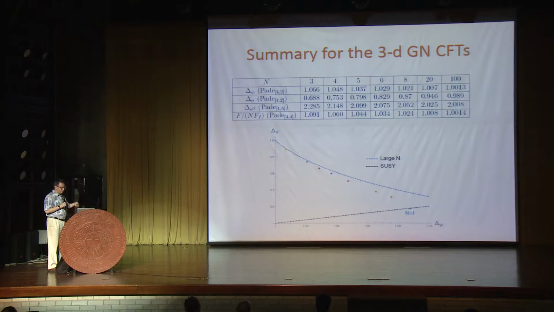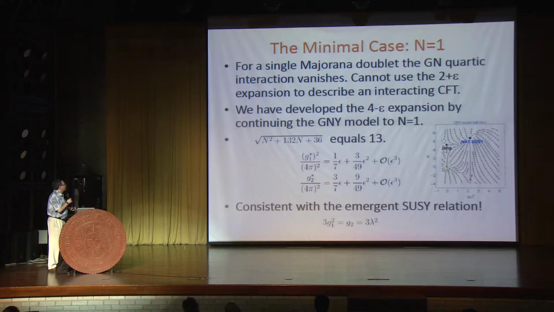And again, there was a long history in the 90s of developing these computations. And so now I'll talk about the special point n equal 1, which is sort of the most minimal case, but it may be in some ways the most interesting, because then you have to continue the model to a single Majorana doublet, and then something special happens with the Gross-Neveu model itself, because it just becomes trivial.